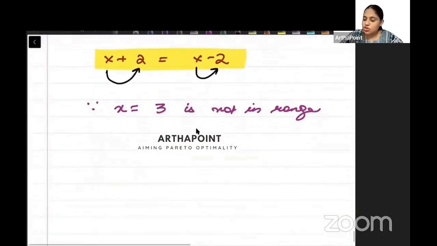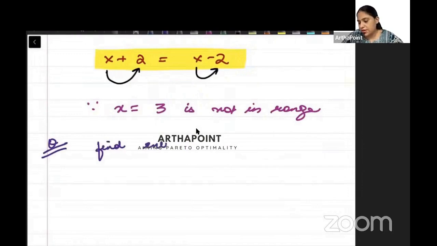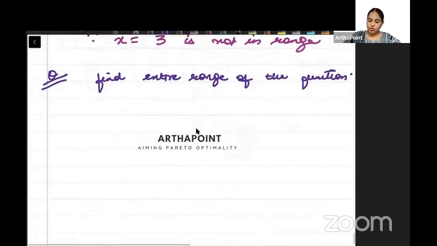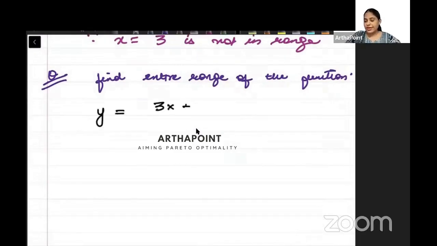Now suppose I ask you, बच्चे, find the entire range of the function. Homework question है बच्चे. So just hint दे रही. I'm giving you a hint. Take y is equal to (3x plus 6) upon (x minus 2).